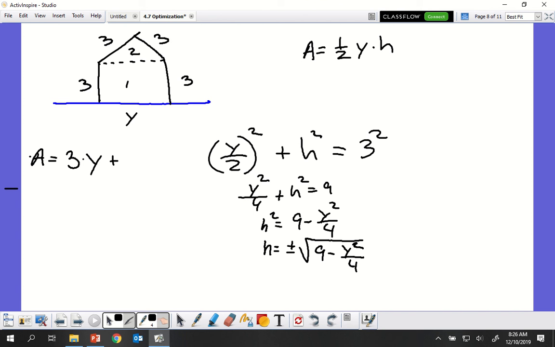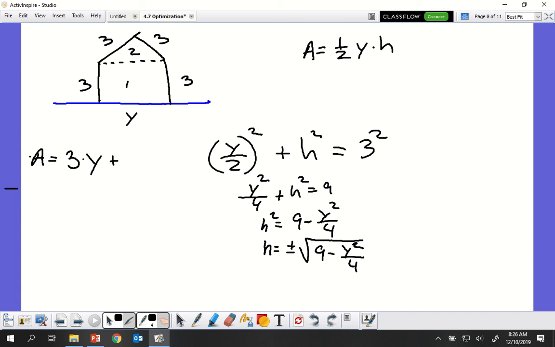And which of my h's am I going to ignore? Say the negative. Why would I ignore a negative? Can't have negative area, can't have a negative distance on this. So that's super important to understand.